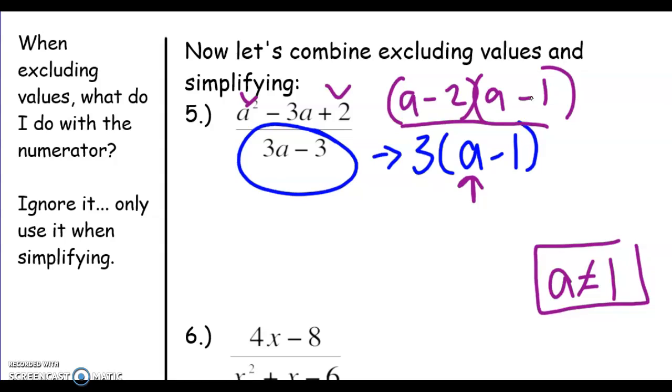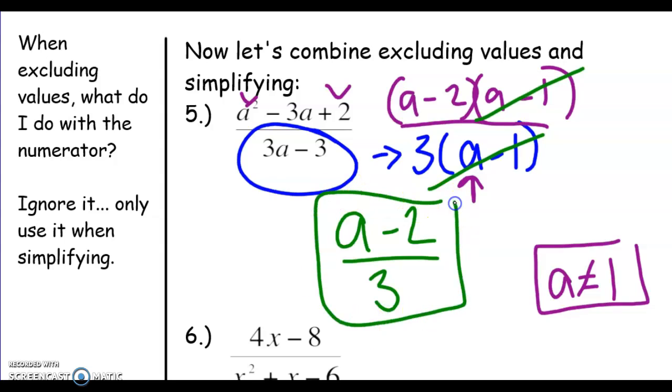Because negative 2 times negative 1 gives me positive 2, but they add to negative 3. So there we go. Now, I know that a can't be 1, but then is there something I can cancel? And the answer is yep, I can cancel this, I can cancel that. So my simplified answer is a minus 2 all over 3. So in this video, the main goal is excluded values. However, simplifying, super important.